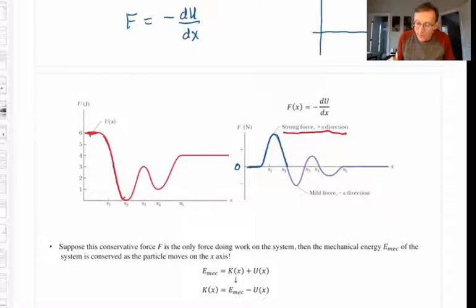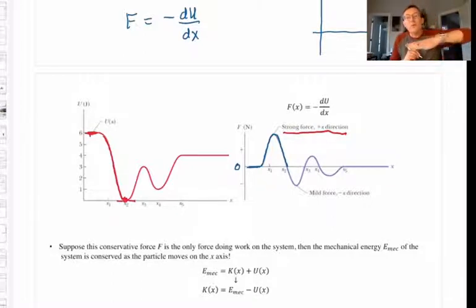Now when we get to the point x2 on the potential energy curve, right down there, we're at a minimum. So the tangent line is horizontal, and the slope of a horizontal line is 0, so the force when you're at the minimum of the potential energy curve is 0. It looks like it's at x2. Sure enough, on the force plot, when you're at x2, the force value is 0.